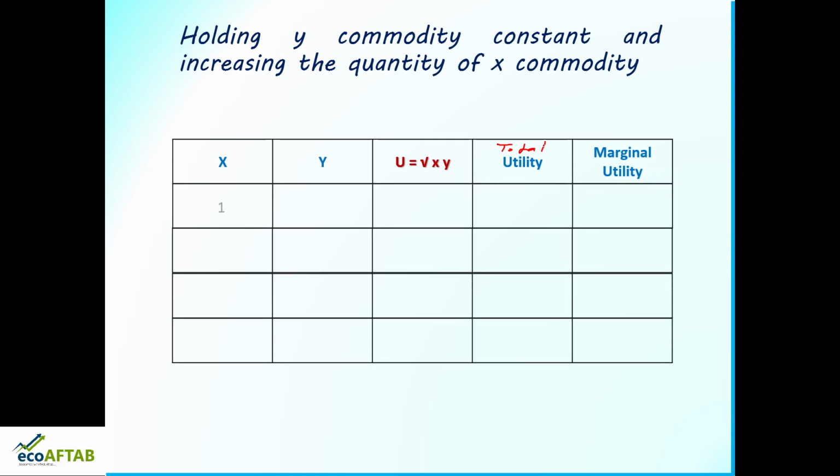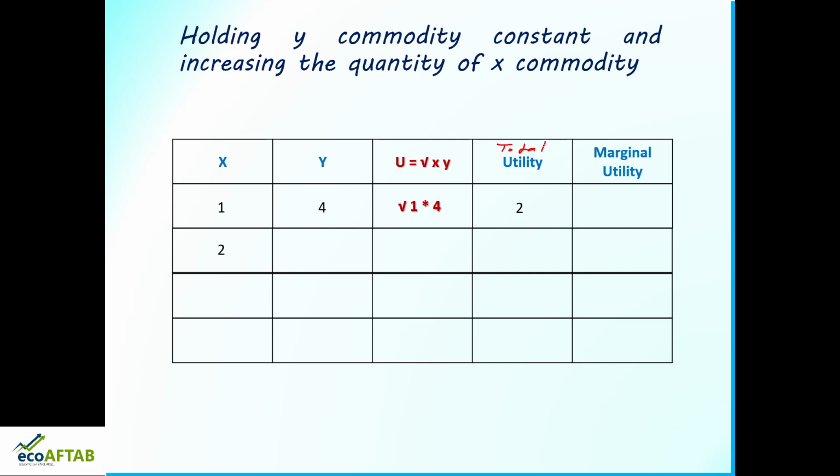If I say 1 unit of x and 4 units of y, then if you put these in our utility function, it becomes square root of 1 into 4, which is nothing but square root of 4, which is equal to 2. So our total utility is 2.